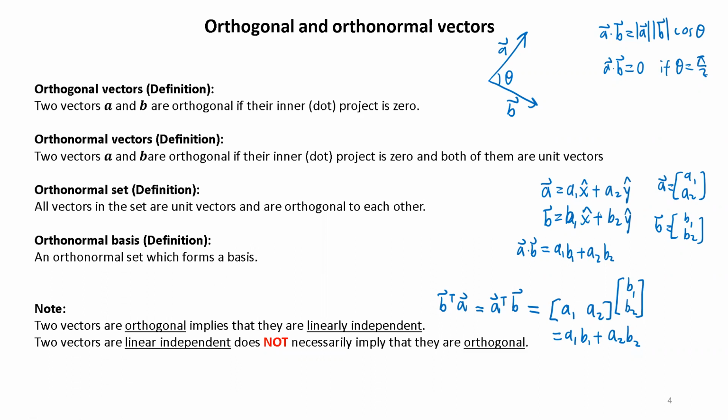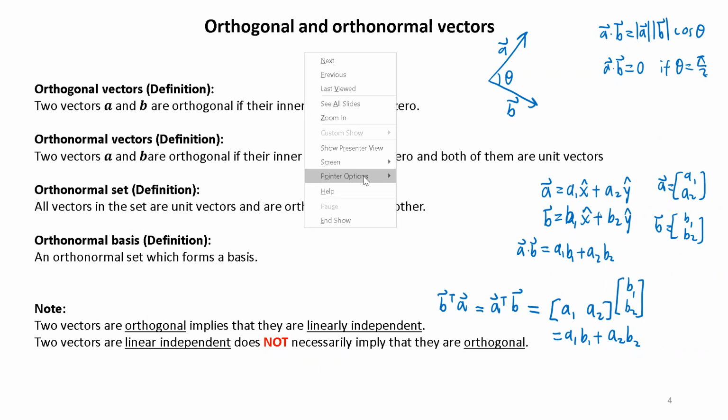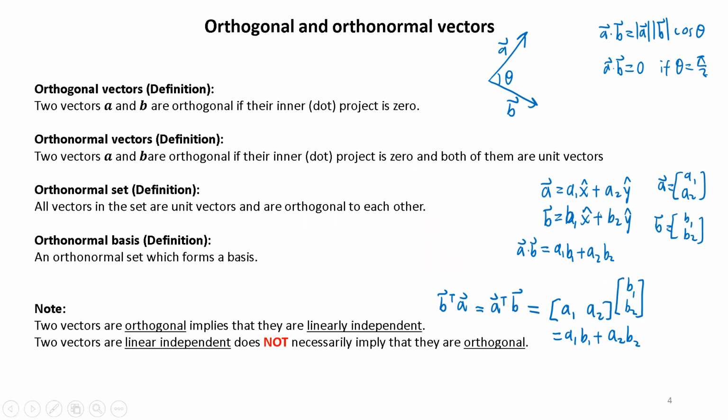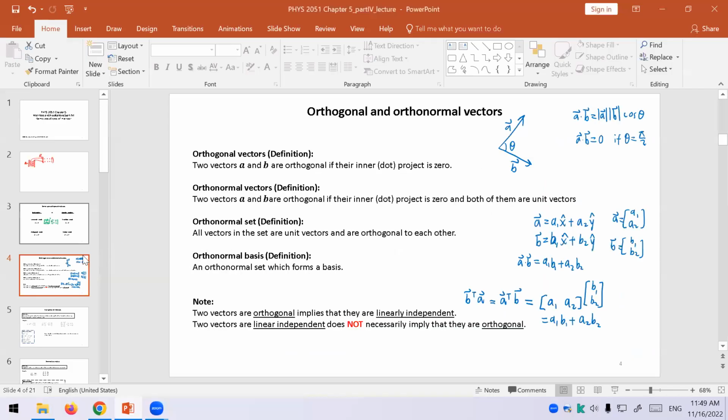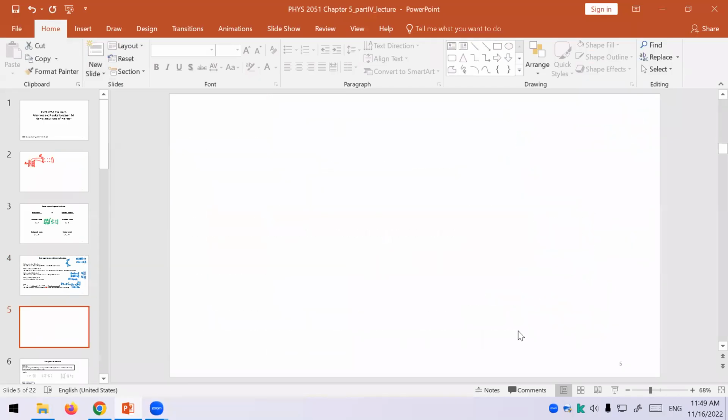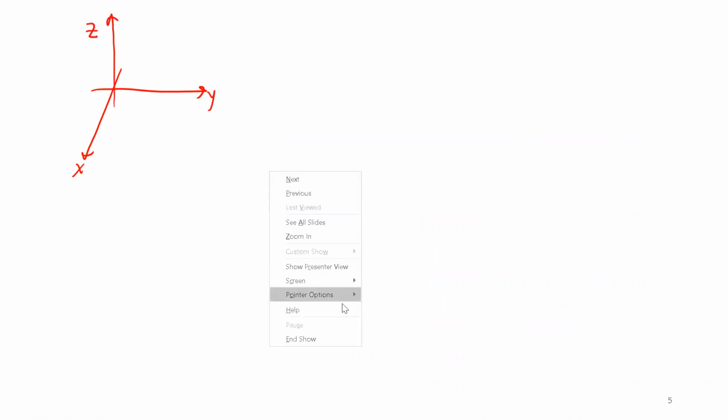Of course, the most common example that you have been using a lot is a three-dimensional space. The three unit vectors that we always use are x hat, y hat, and z hat.